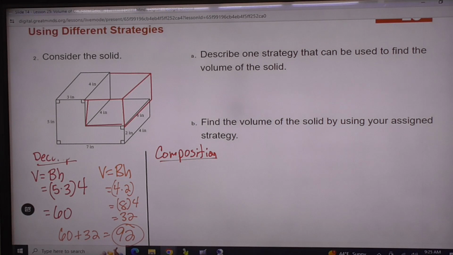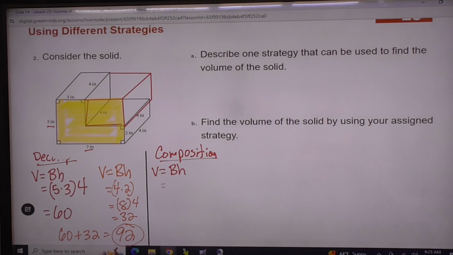So what I'm going to do is find the volume of the entire thing, including the box that I just drew. So volume is equal to area of the base times the height. If we consider all of this to be my base, I should very easily be able to find that answer. That's going to be 5 times 7.